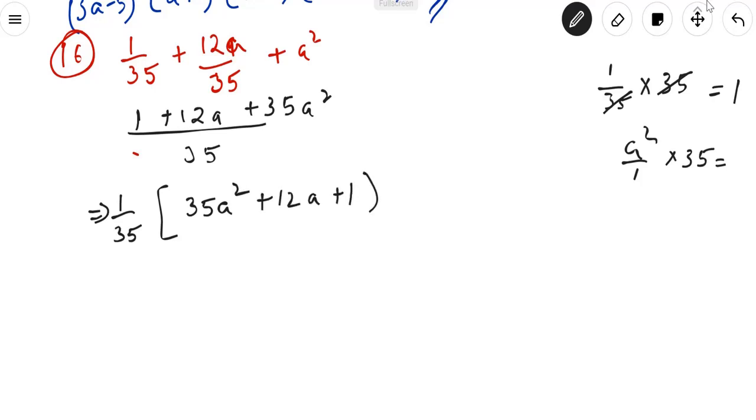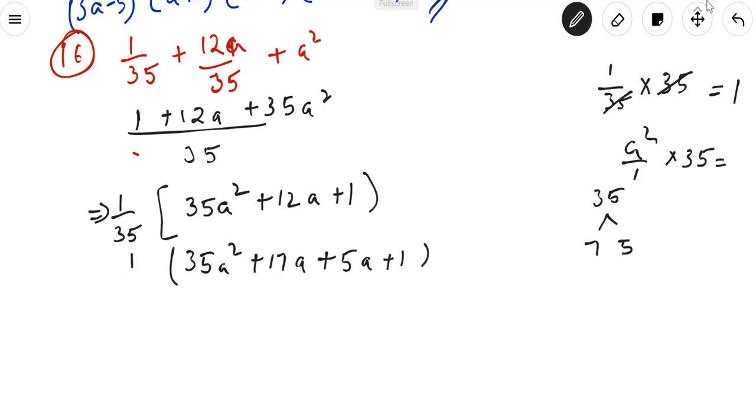So what are the factors here? So it should be 35. 35 means 7 fives are 35, and when I add 7 plus 5 it is 12. So it is 35a square plus 12a plus 5a plus 1, multiplied by 1 divided by 35.